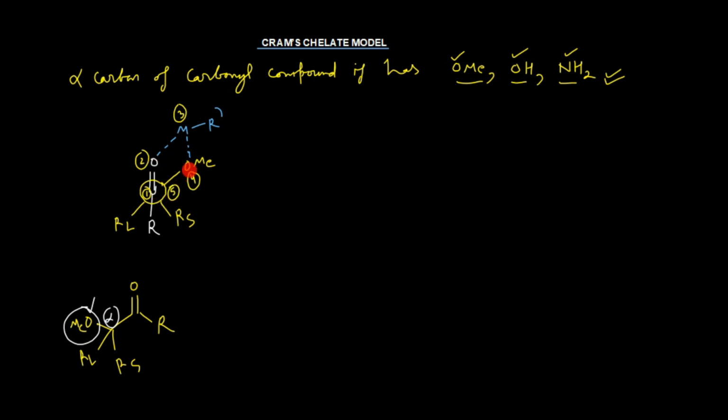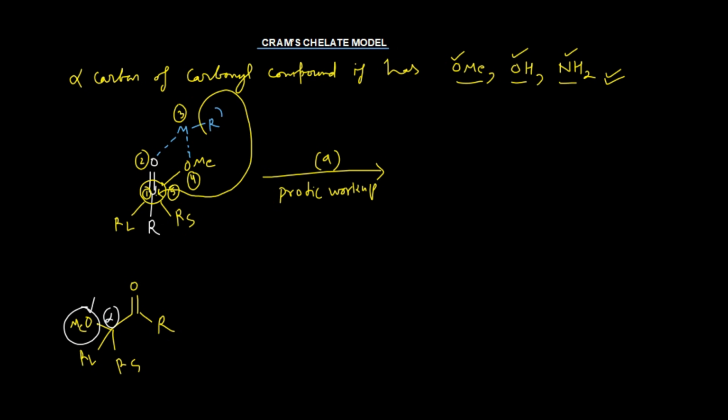In that case, basically you can follow the chelate model. So in the chelate model, what will happen? You see, this is my pathway A, and of course we will also do the protic workup here. So in pathway A, this R will join from the side of the smaller group.